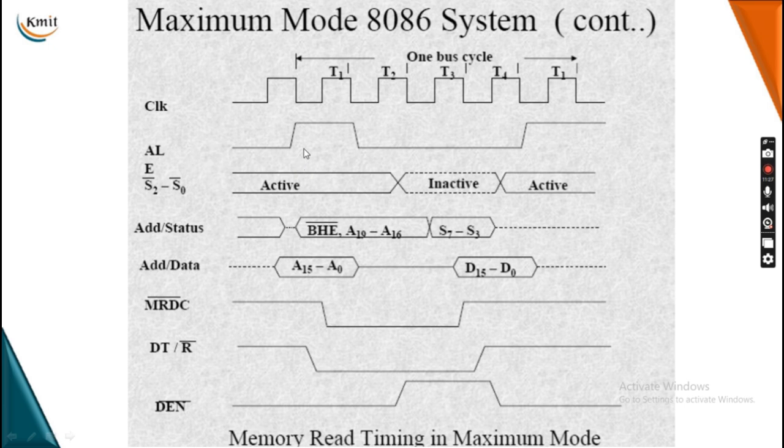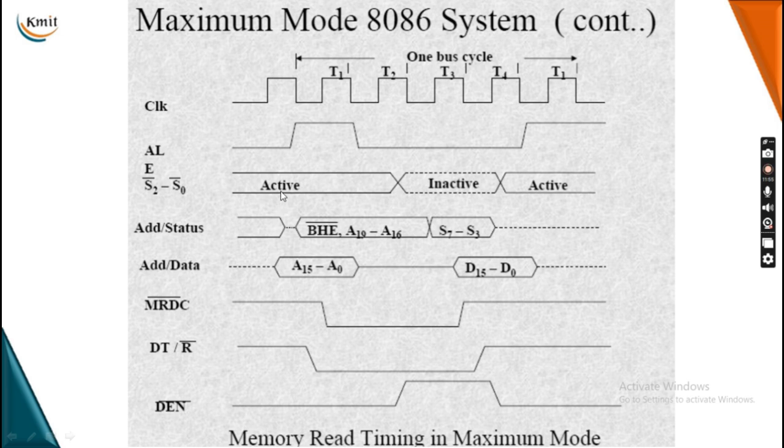During ALE, the address will be on A16 to A19, then S2 to S0. Depending upon ALE, when it is active, the address and data lines A15 to A0 are used, and memory read happens because we are going for read.